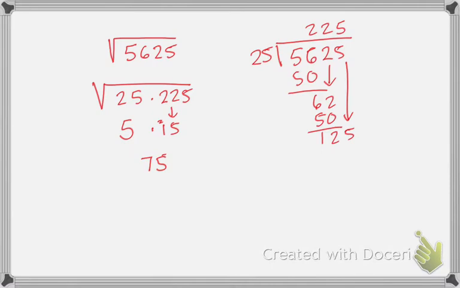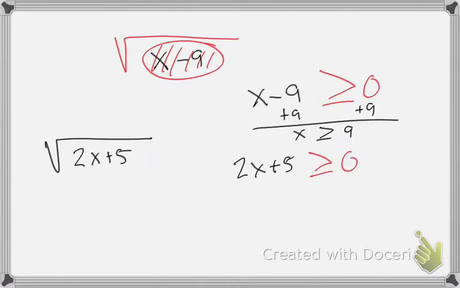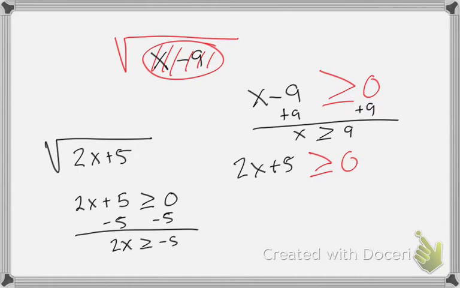All right, if it were something like 2x plus 5, I would set 2x plus 5 greater than or equal to 0. Subtract the 5, and I have 2x is greater than or equal to negative 5. Divide by 2, divide by 2. x is greater than or equal to negative 2.5. So it could be negative 2.